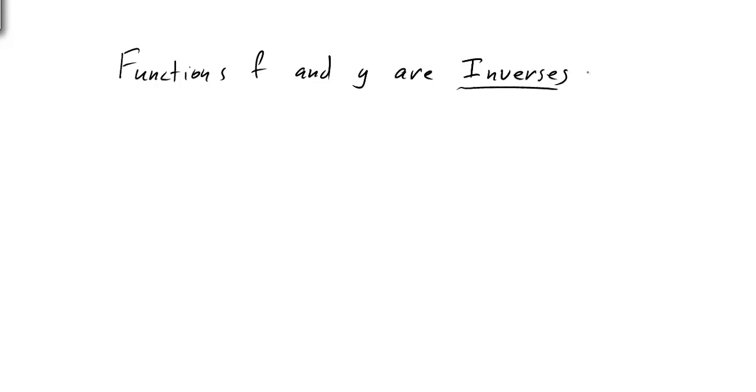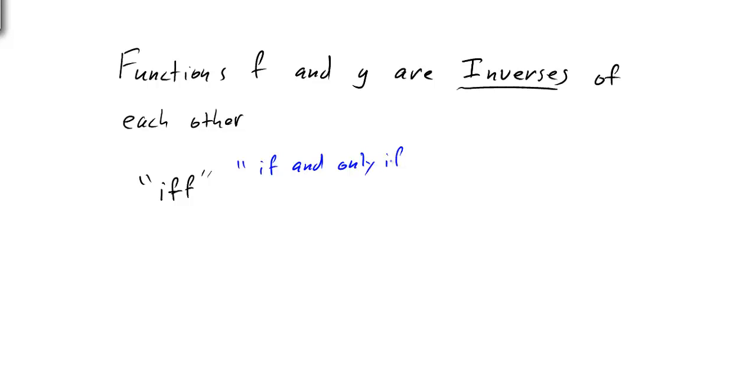All right, let's look at a property here of your inverse function. Functions f and g are going to be inverses of each other if, and you'll see this notation here when I write this, this is read if and only if.